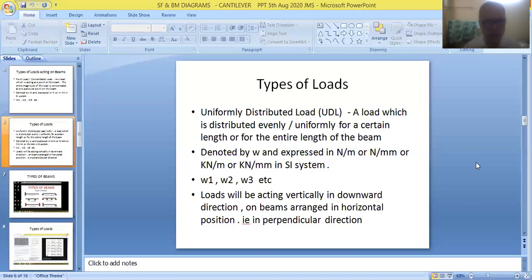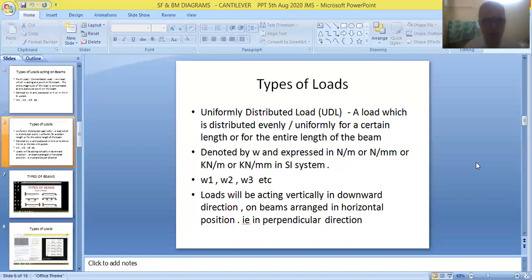Remembering definitions, remembering notations, that is capital W for point load and small w for UDL, and remembering units: Newton, kilonewton for point load, and Newton per meter, Newton per millimeter and so on for UDLs. So friends, definitions are important, notations are also important, and lastly, units are also very, very important while dealing with these topics.